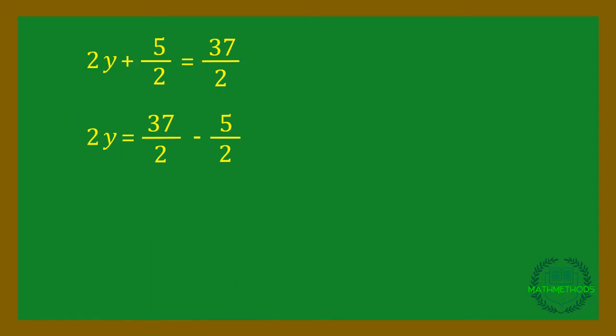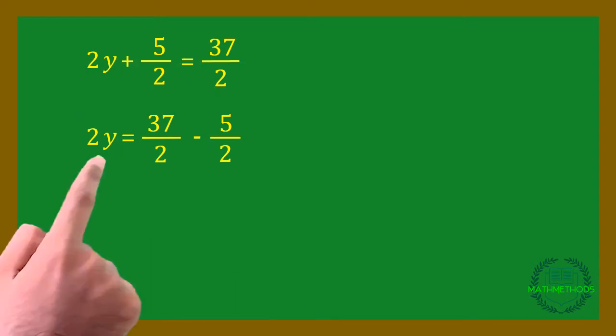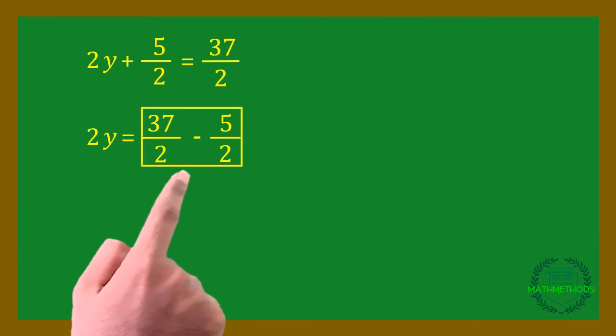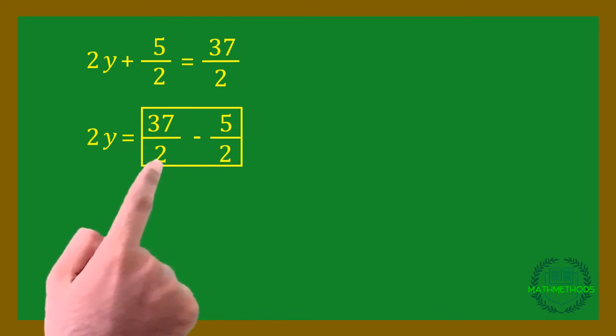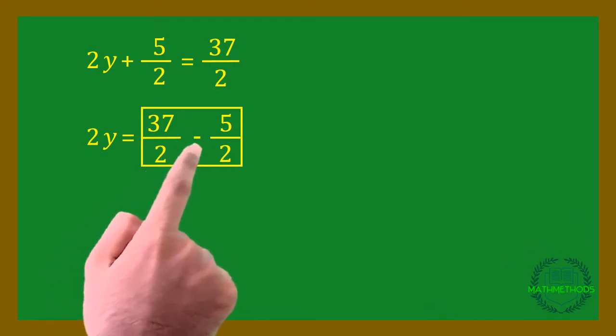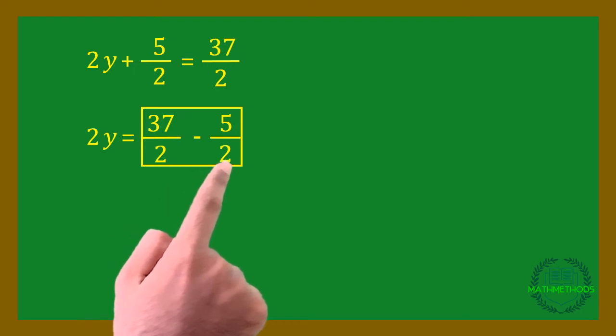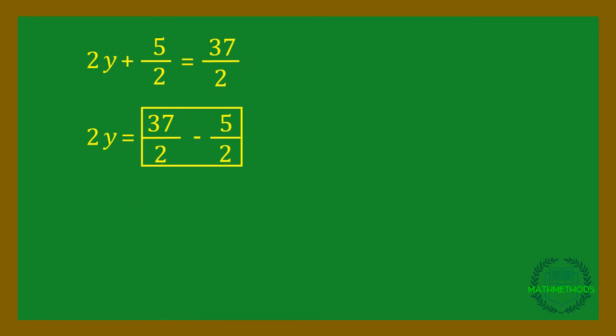After isolating the variable term to the left hand side, finish with the additions and subtractions in the right hand side. In this equation, we have two fractions in the right hand side with a minus sign in between. That means we are required to subtract 5 upon 2 from 37 upon 2.